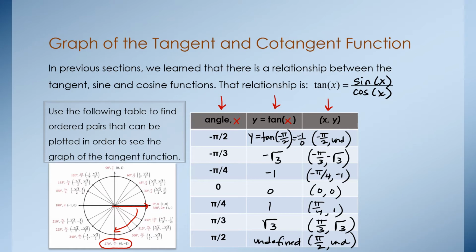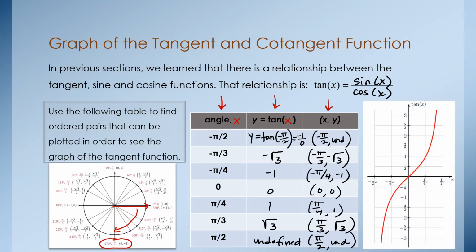Now, if you've got yourself a piece of graph paper, go ahead and plot those points. I've taken the liberty of already doing that. Let's see if we agree here. Notice we'll start with the negative pi over 2 and undefined. This is negative pi over 2. I've written it as negative 1/2 over pi. That's fine because this is a 1 right here and this is a 1 right here.